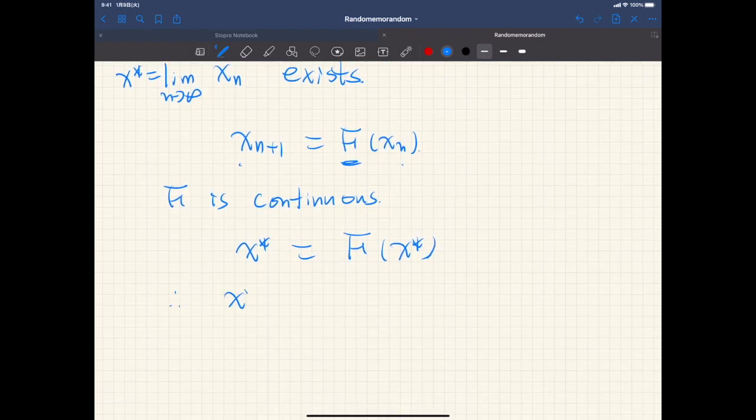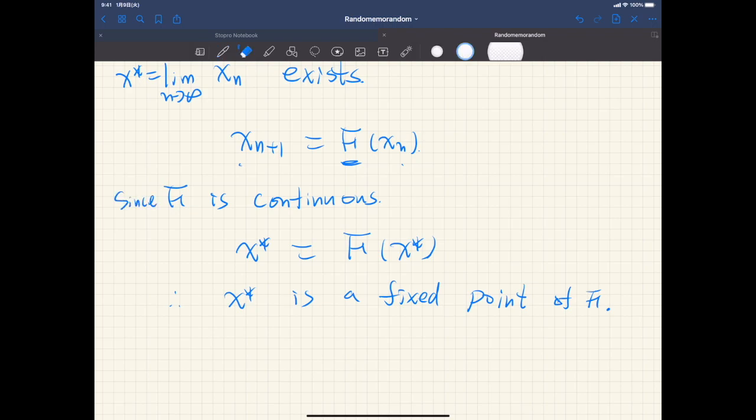So this x star is a fixed point. Actually, it's unique, so we can say it is the fixed point. Now we have proved that a fixed point exists, and we are done.